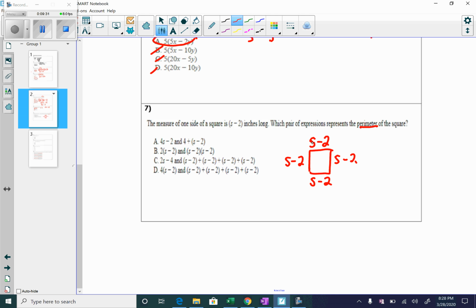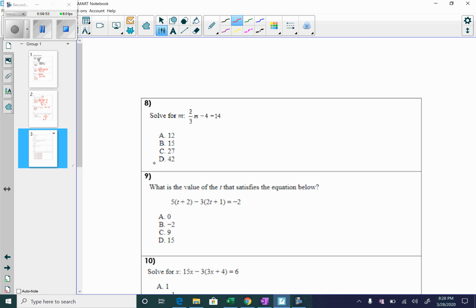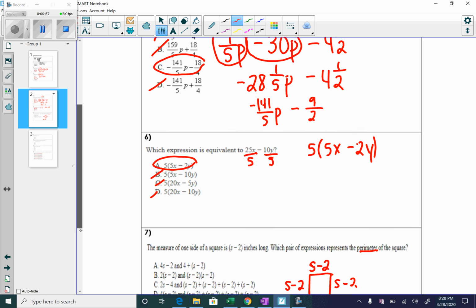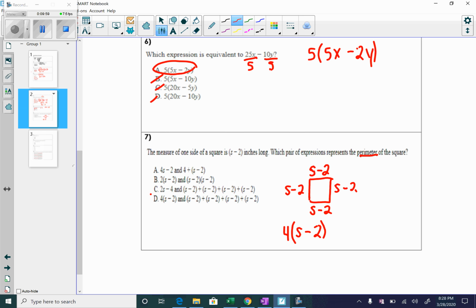So one way of getting the perimeter would be s minus 2 plus s minus 2 plus s minus 2 plus s minus 2. Or since there are 4 sides that are s minus 2, I could multiply 4 by s minus 2. So if I look at all my choices, the only one that does that, sorry about that, is choice D.